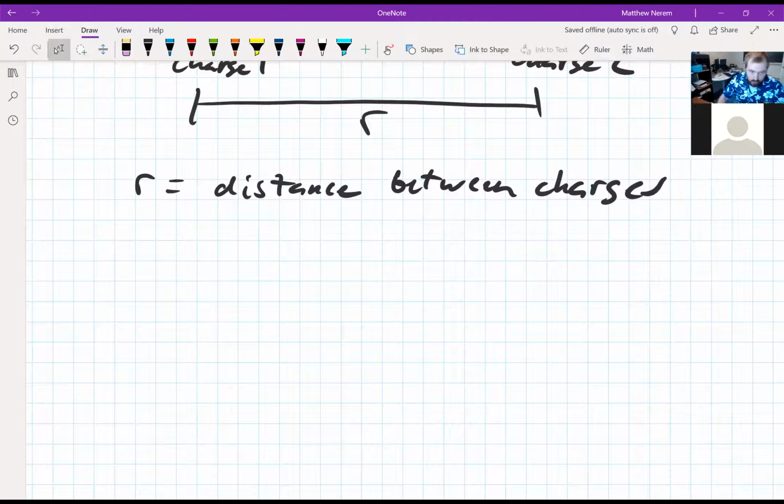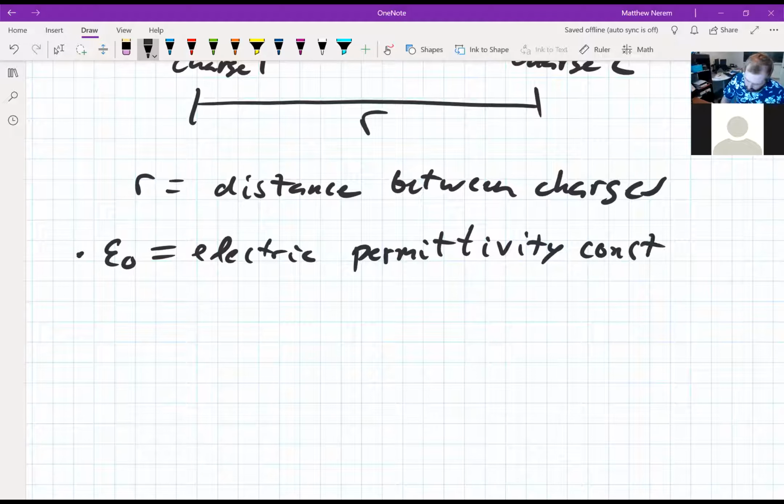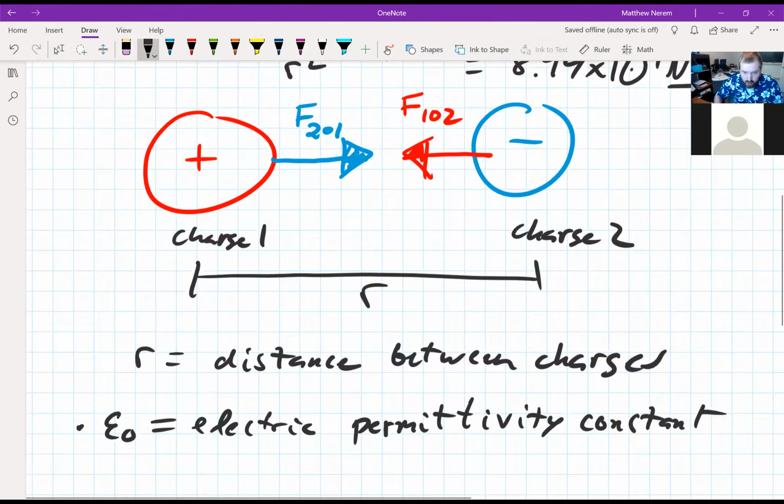What else? Let's see here. We introduce epsilon naught. That is the electric permittivity constant. Let's make that actually a legible word. Is that high enough for you to see?